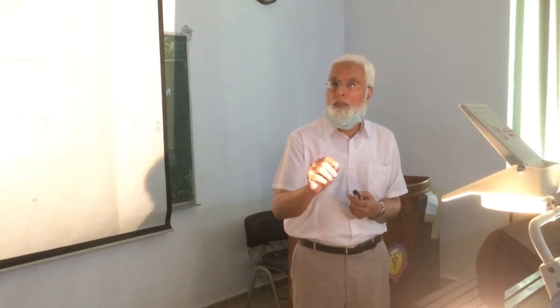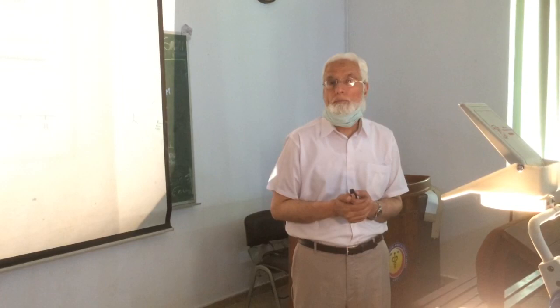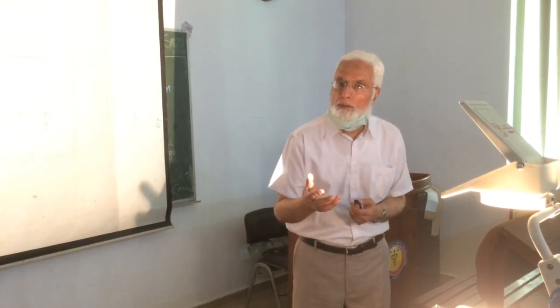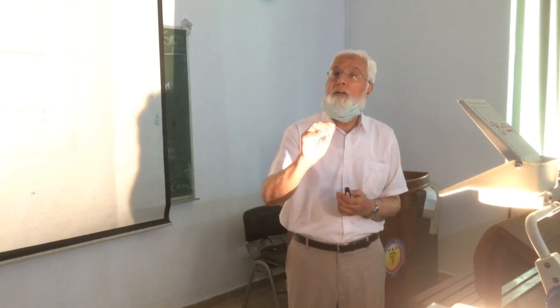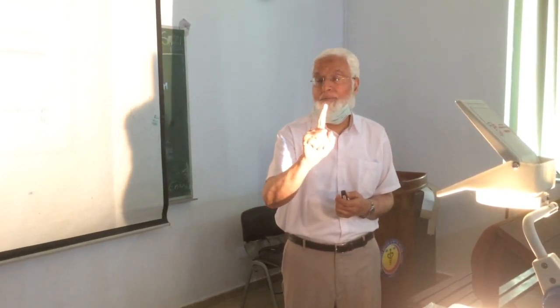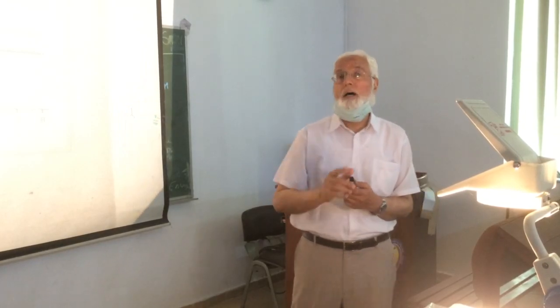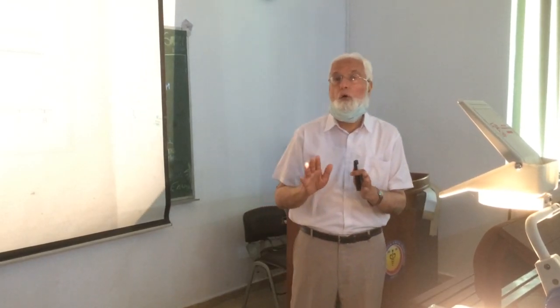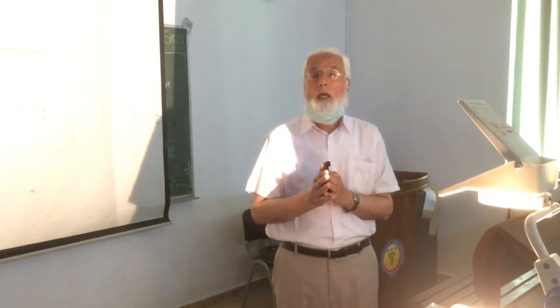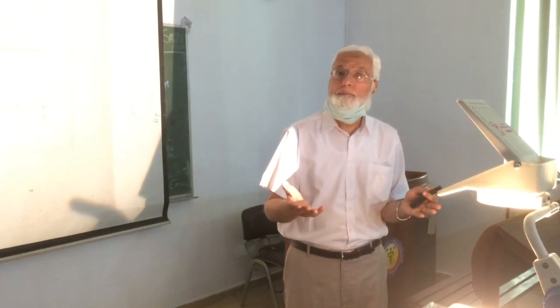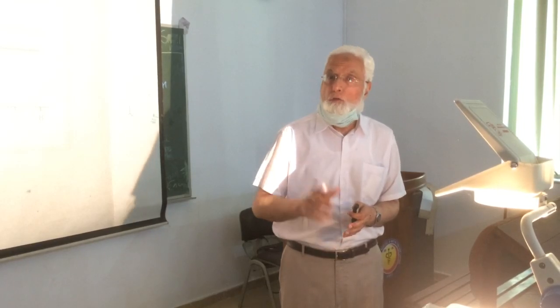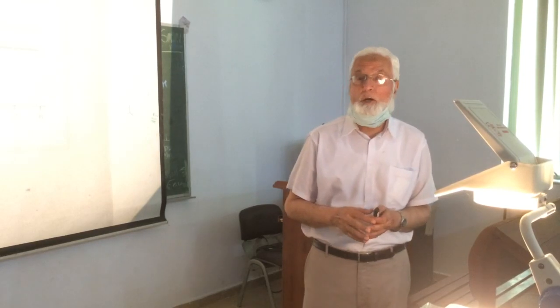Aortic and carotid baroreceptors: in how much time do these baroreceptors undergo adaptation? In 24 to 48 hours. Now, if these receptors undergo rapid adaptation, say within a second, would these be able to regulate the blood pressure?